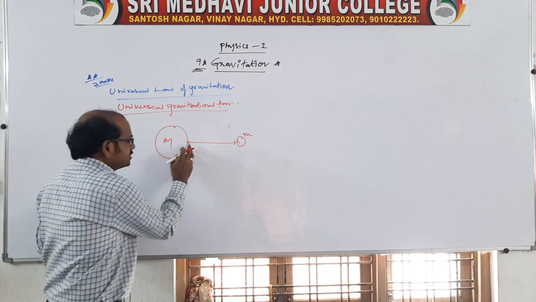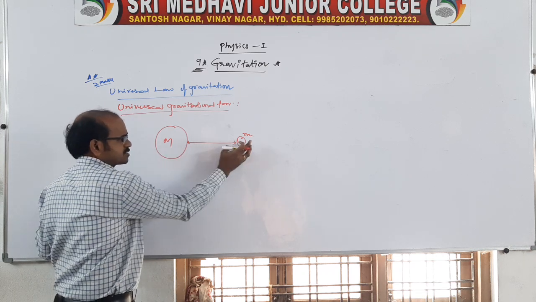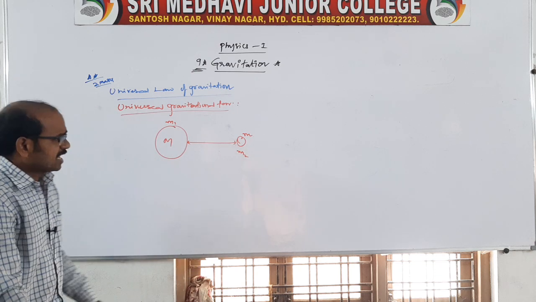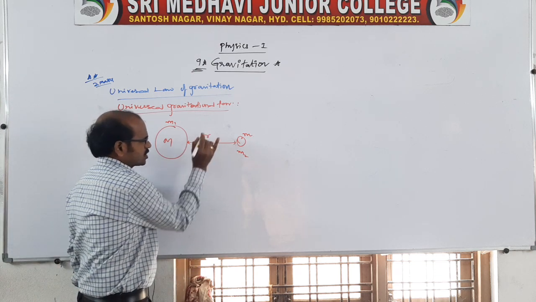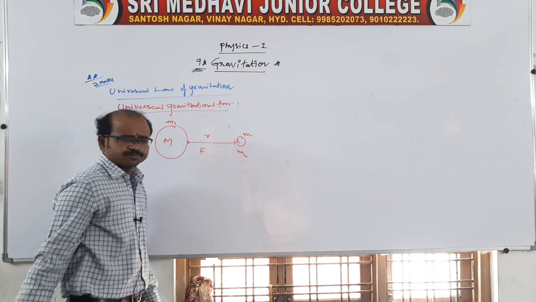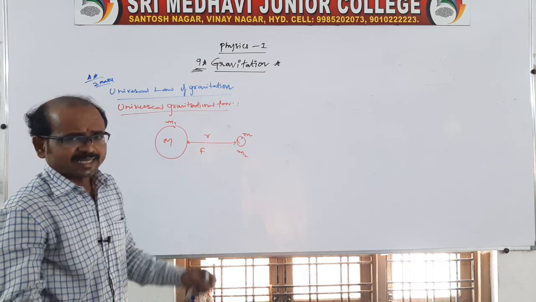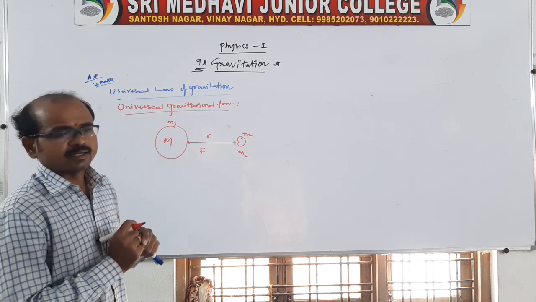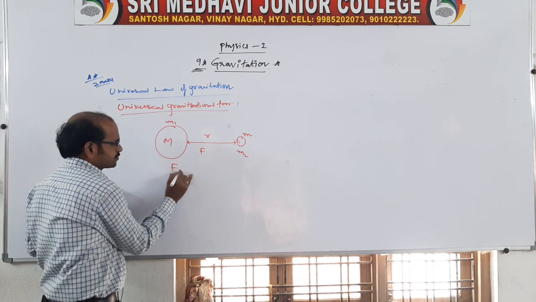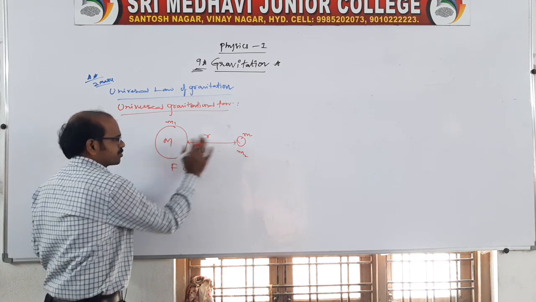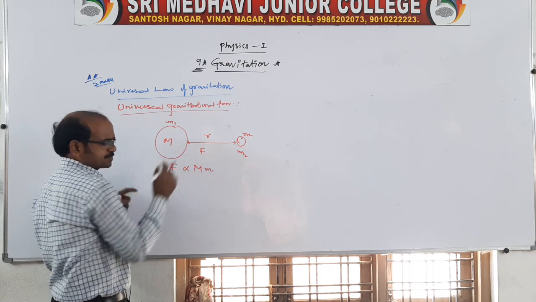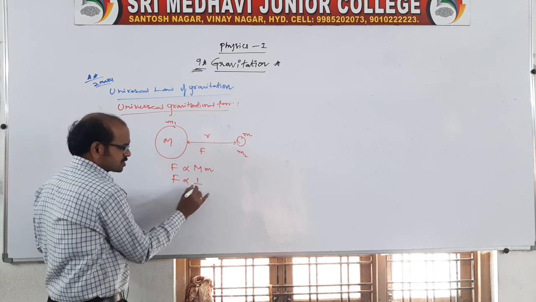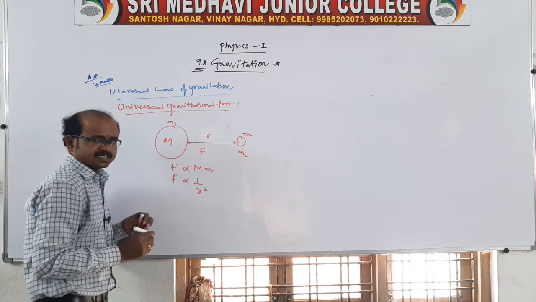It acts between 2 bodies of masses capital M and small m, or m1 and m2, separated by a distance small r. According to the inverse square law, the force of attraction is directly proportional to the product of the 2 masses and inversely proportional to the square of the distance between the 2 particles.